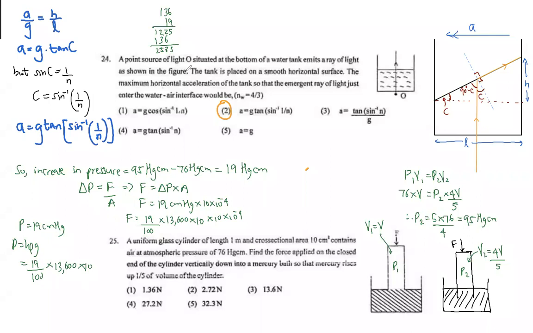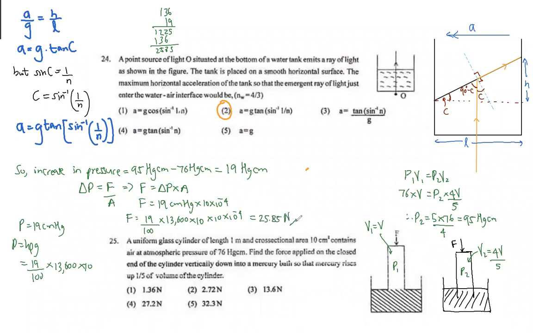I'm getting an answer like that. Divided by 100, so I'm getting 25.85. So the closest answer is 27.2, no?